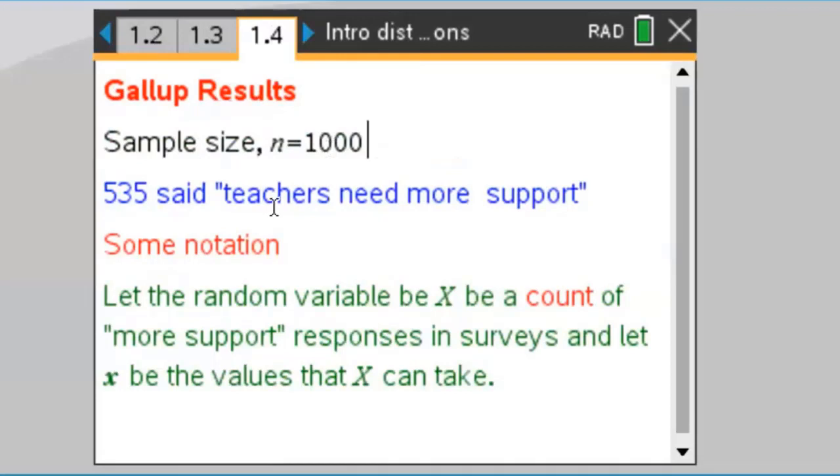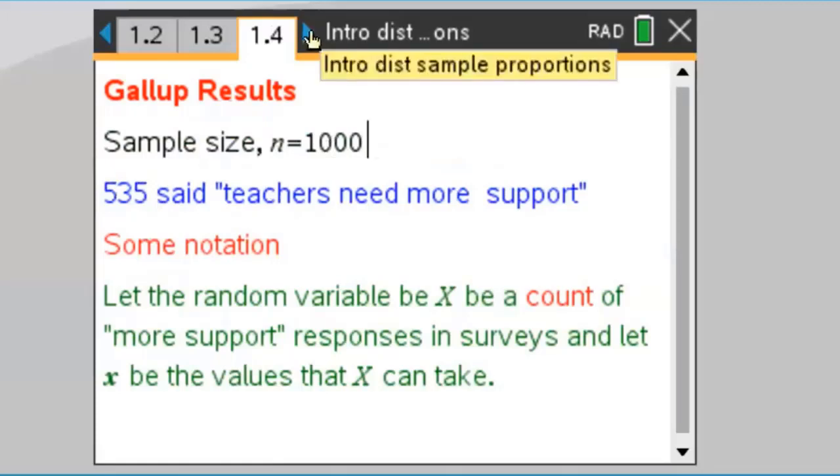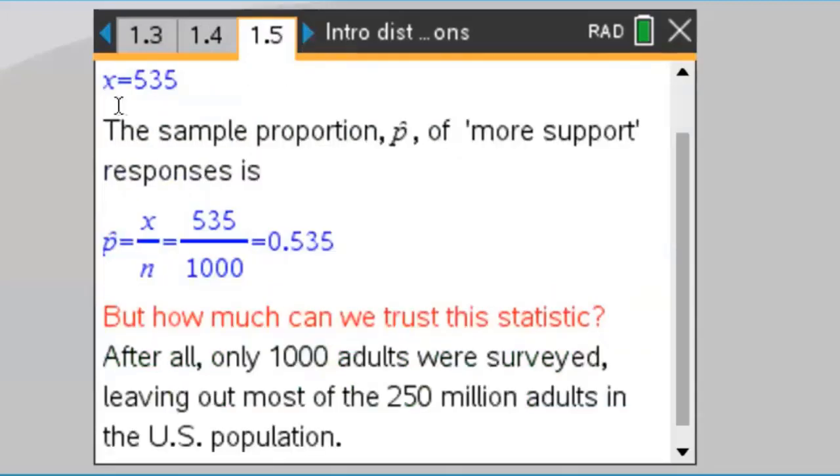So the response "teachers need more support", we'll call that a success. So 535 successes, and we'll let the random variable X be the count of the successes, and lowercase x be the values that the random variable can take. So in this case, lowercase x is 535.